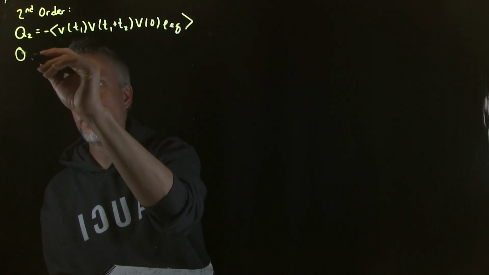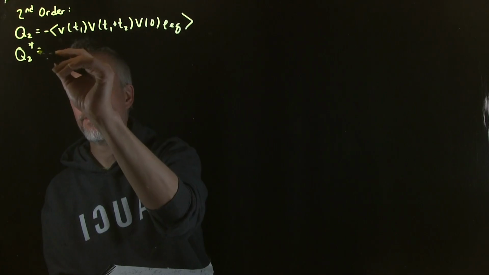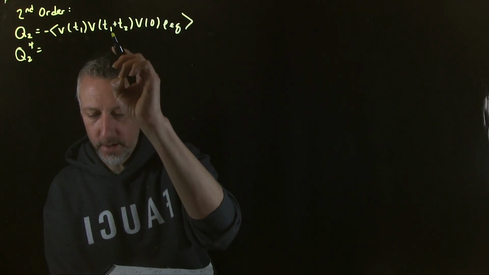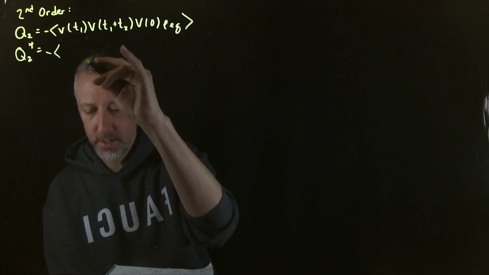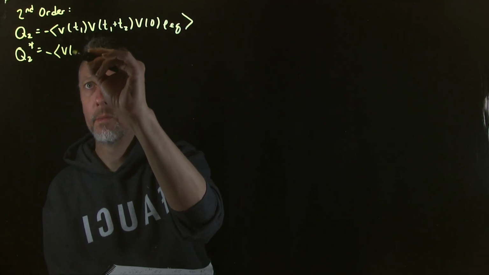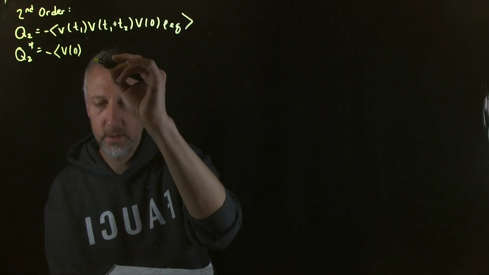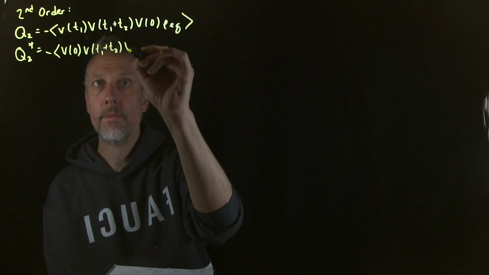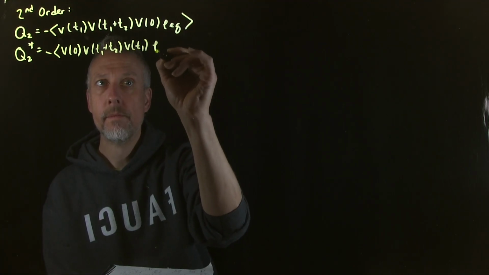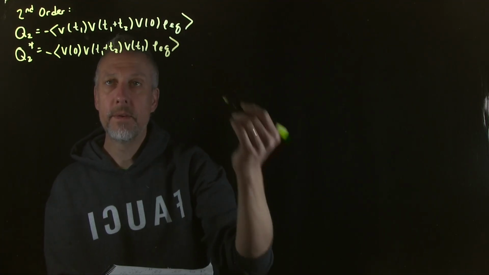But if we look at Q2 star, we have a bit of help. So Q2 star reverses the order of the operators. Remember, we only need to do one or the other. We don't need to do both. Right? And now we see this is great.